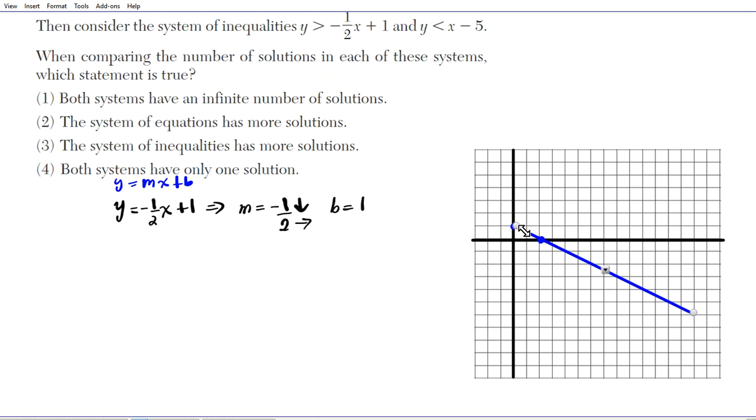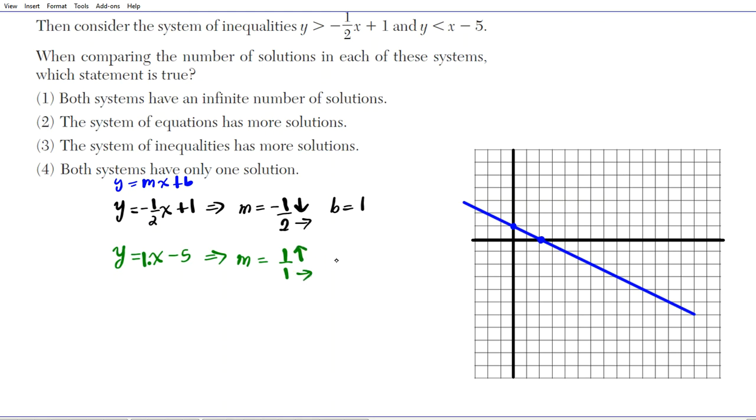And then we're going to draw the second line and talk about what the solution is to that system of linear equations. Okay, so now let's take a look at the second one. I'm going to make it green. The second one is y equals x minus 5. With this one, m is the coefficient of x, the invisible number, the multiplicative identity, which is 1, so 1 over 1, so we're going to rise 1 and run 1.